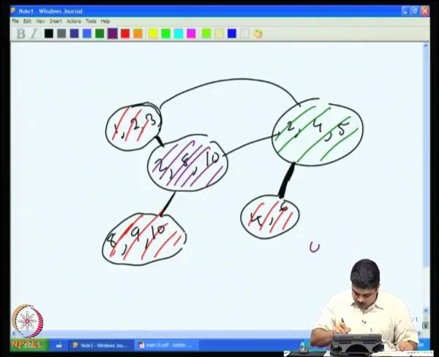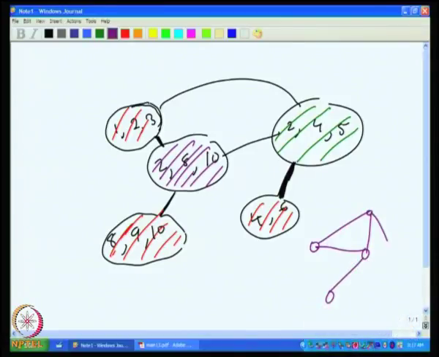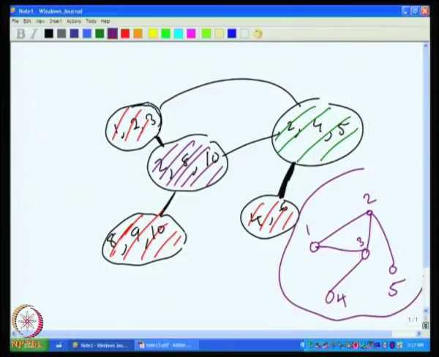Here, we could have drawn the graph more neatly like this. This is our graph.